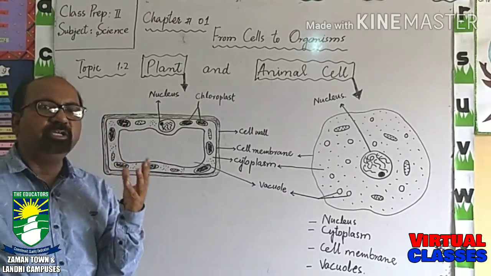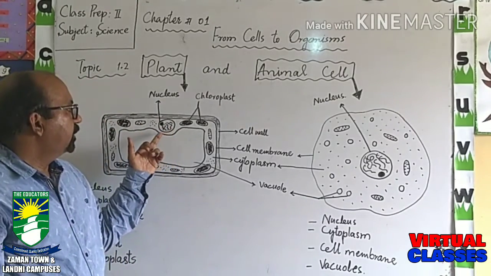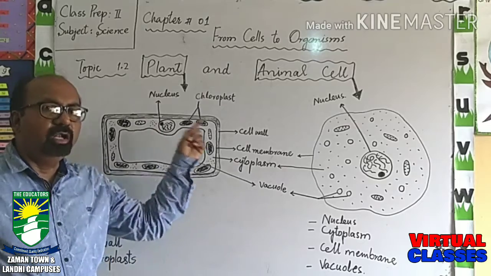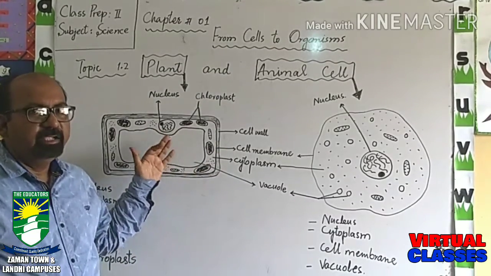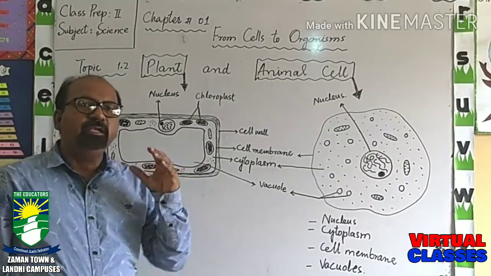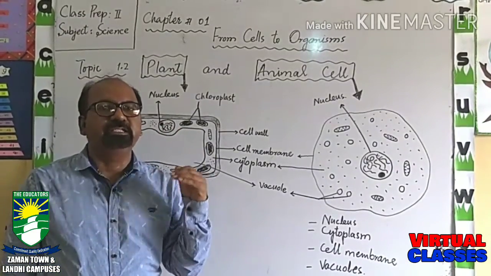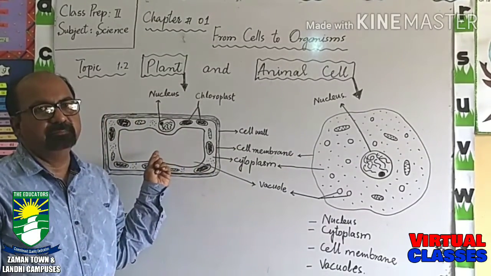And what is the function of the nucleus? Nucleus controls all the activities which are taking place inside the cell. It is controlled by the nucleus. So in simple words, we can say that it is the brain of the cell.